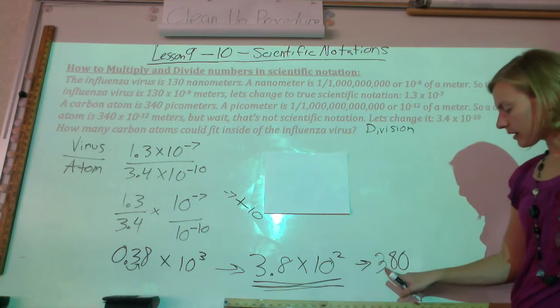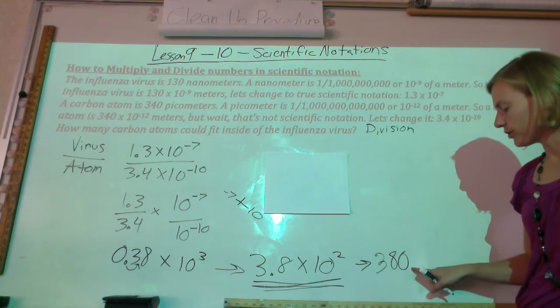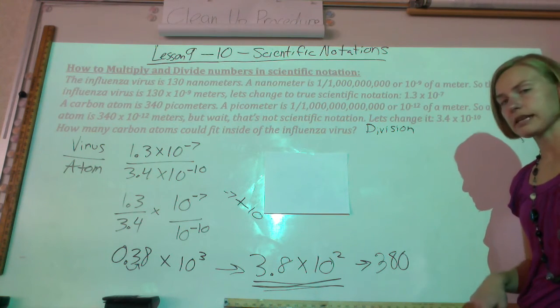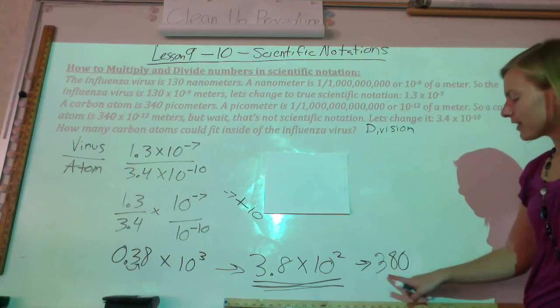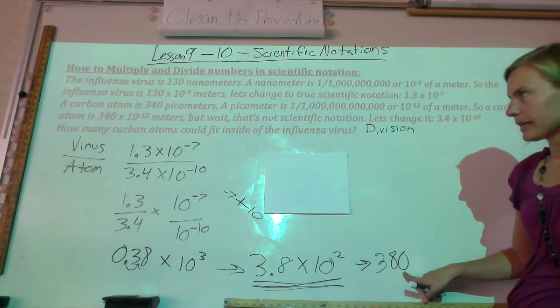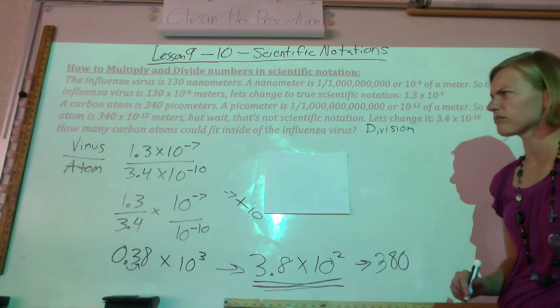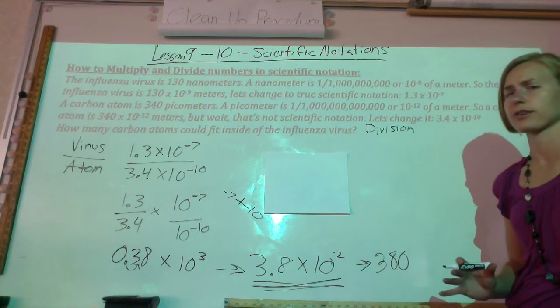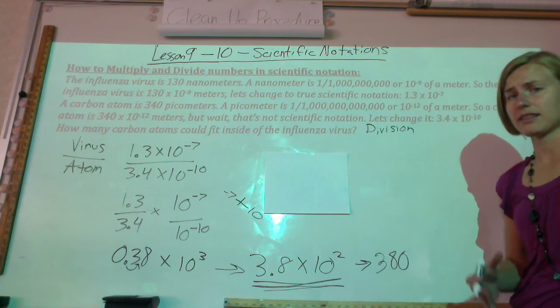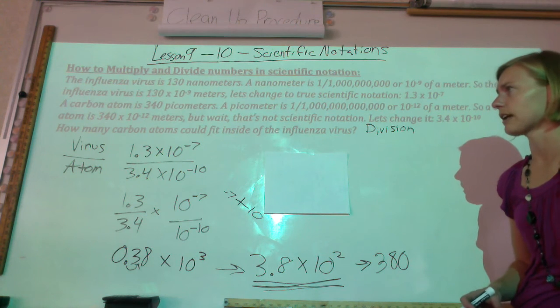So it was here, it's going to move over 1, 2 to there, and that's it. So you can fit 380 carbon atoms inside of the influenza virus, which is actually a good amount considering that these both are very tiny, tiny, tiny things, way smaller than our cells.